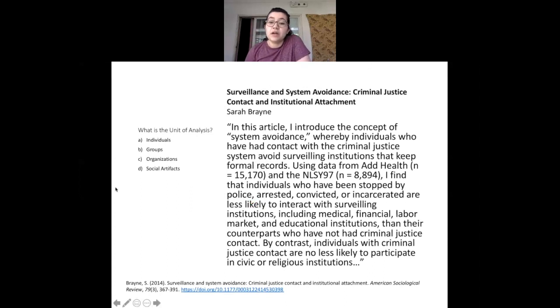Okay. So I wanted to get you guys to become familiar with abstracts. This is part of an abstract from an empirical paper that I've taken, and the nice thing about abstracts is they provide you with the topic that they're talking about. They provide you with the data source that they're taking from.